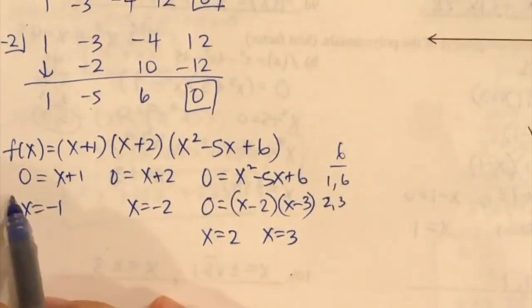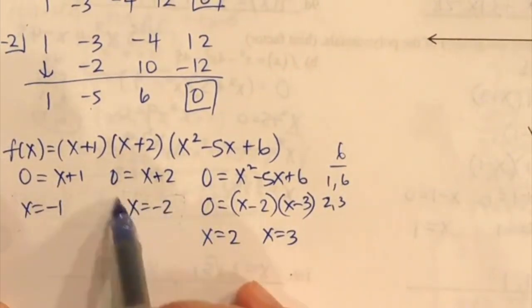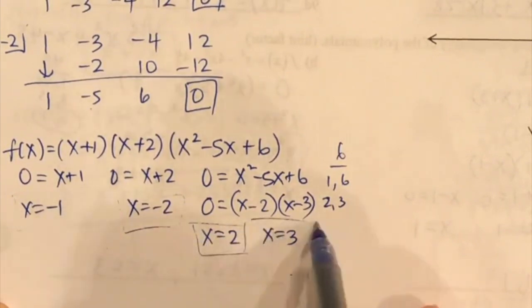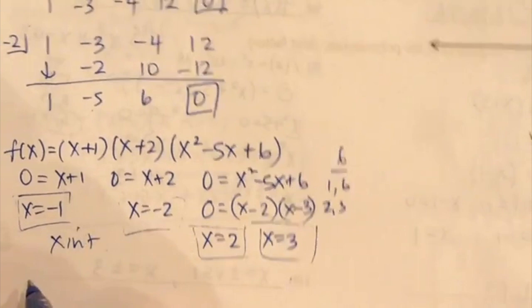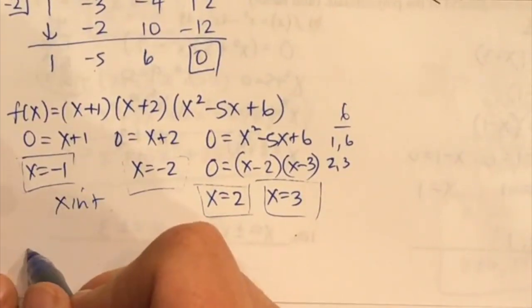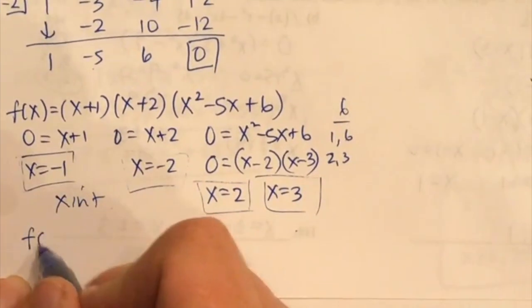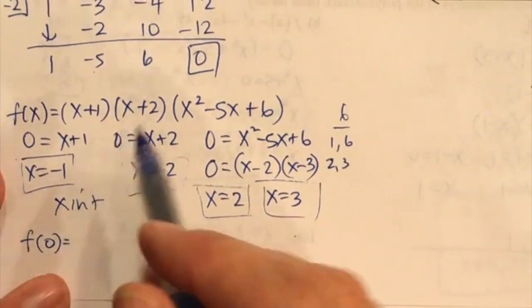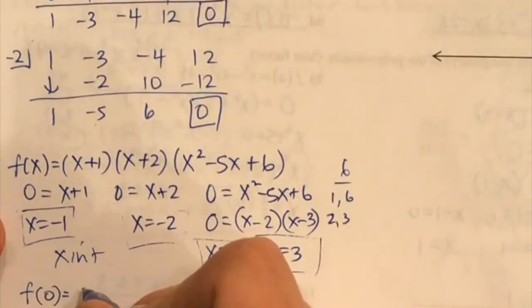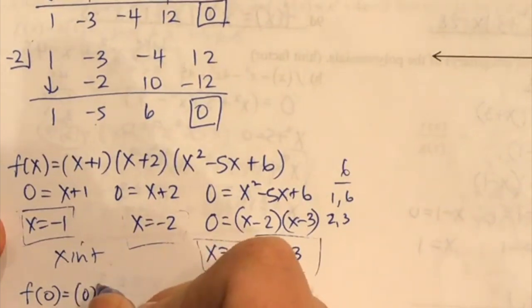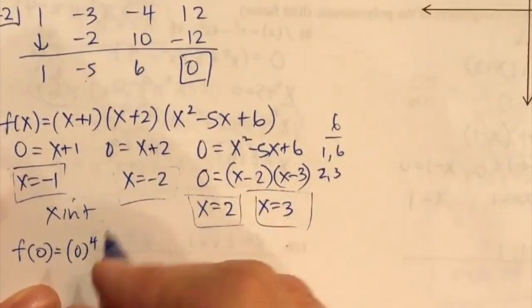So now I've got 1, 2, 3, 4 x-intercepts. The y-intercept is going to be f of 0, which if you go all the way back up here to our f of x, I'm going to put in zeros where I see x's.